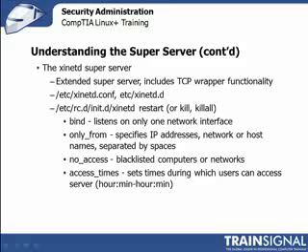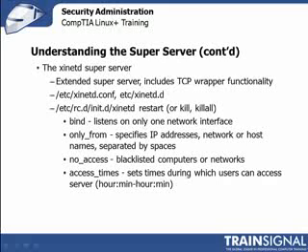This extended super server, which includes TCP wrapper functionality built in, has become the new standard. As we discovered, our Fedora system had inetd installed, and in a moment we'll take a look and see if xinetd is installed as well. The configuration file is /etc/xinetd.conf, and of course, if you make changes again, you'll need to restart the daemon.